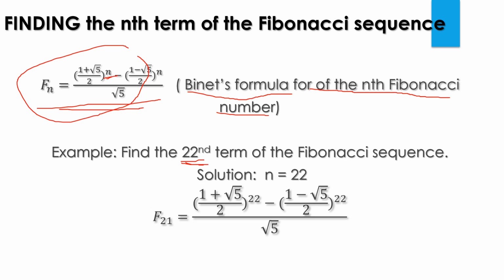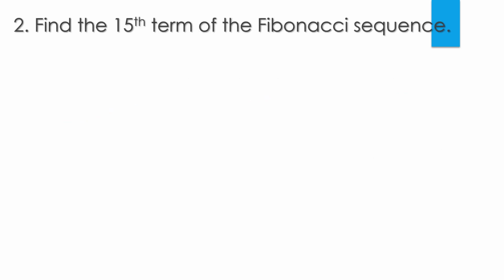So f sub 22 is equals to 1 plus square root of 5 all over 2 raised to 22 minus 1 minus square root of 5 all over 2 raised to 22 all over square root of 5. So if we're going to use the calculator in solving that, we will get the result of 17,711.